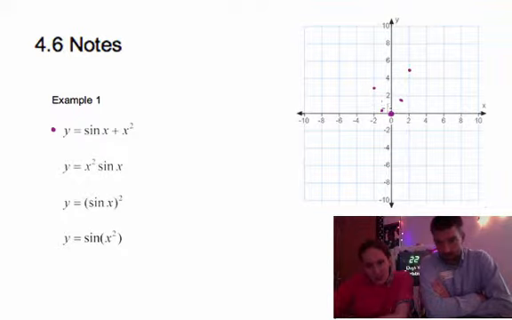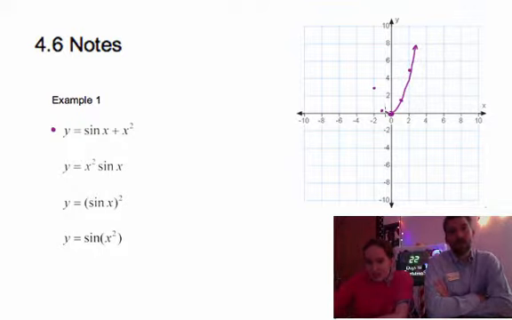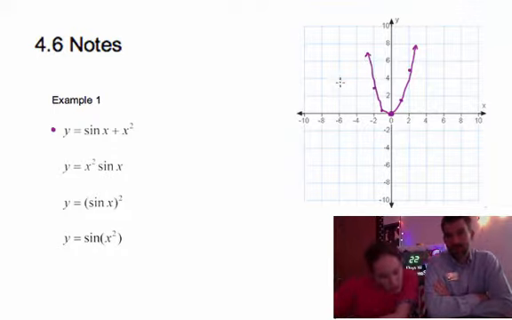It looks similar to a parabola, but not symmetric about the y-axis. And if we were really to investigate, there are tiny little wavies on that parabola because of the sine.